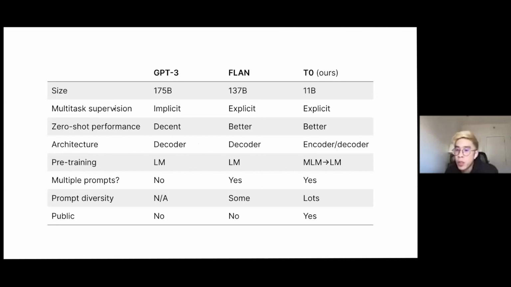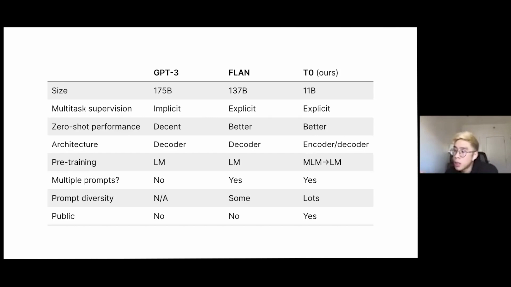The multitask supervision is the same. The zero-shot performance is better in both cases. And then you have the main differences that we believe are driving this gap. So the architecture in the FLAN case is a decoder only model, like a GPT-3 causal language model. And in our case, it's an encoder decoder. The pre-training is also different. They use standard causal language modeling.